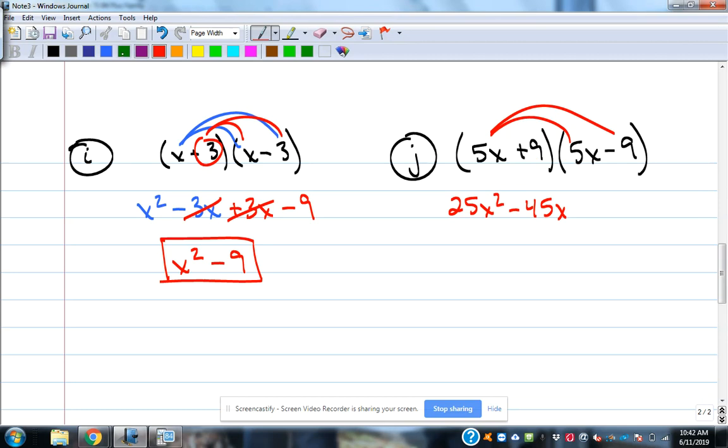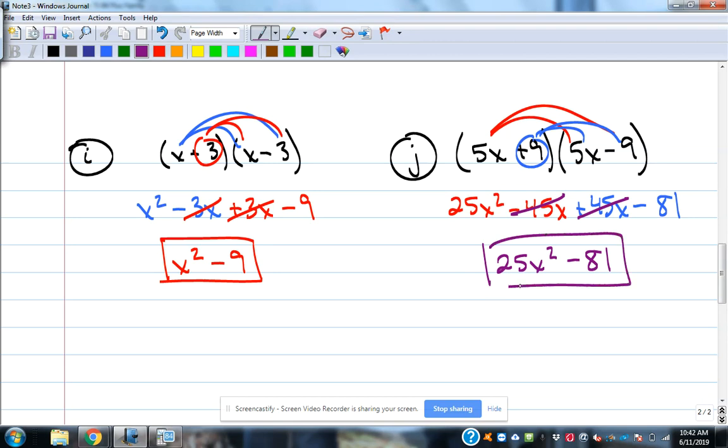And then move the 9 to both of those. So it'd be positive 45x and negative 81. Middle terms cancel each other out. 25x squared minus 81. That's what it ends up being there.